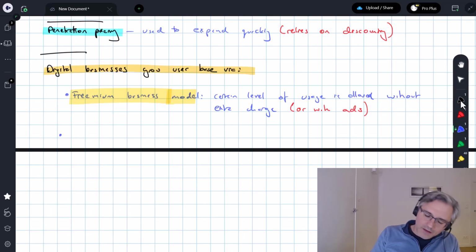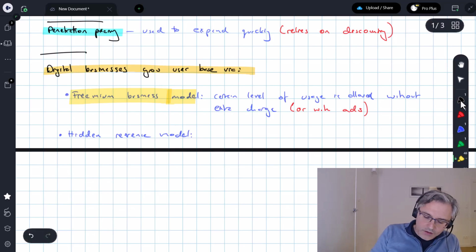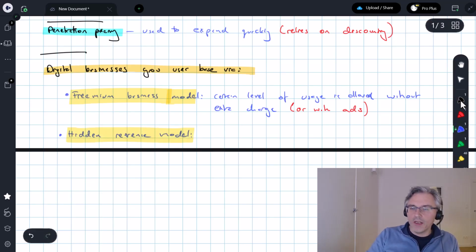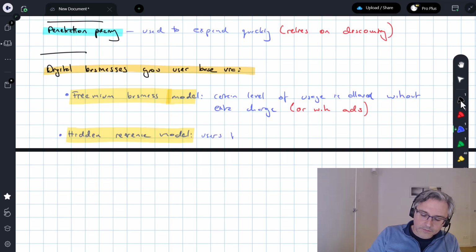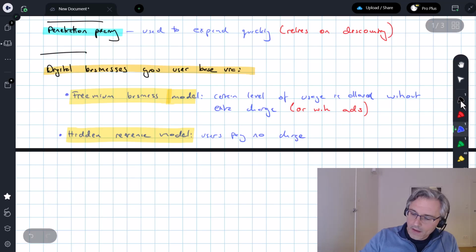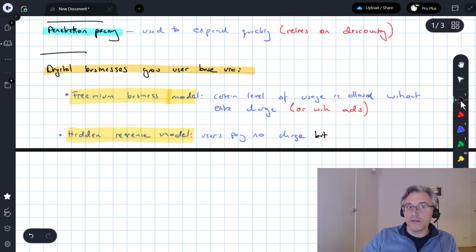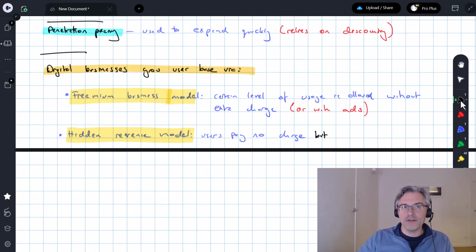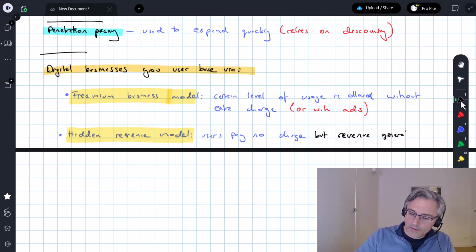Now, this is sometimes connected to a hidden revenue model, where a service is free, so users pay no explicit charge, because the provider generates revenue in a different way, via a different channel.